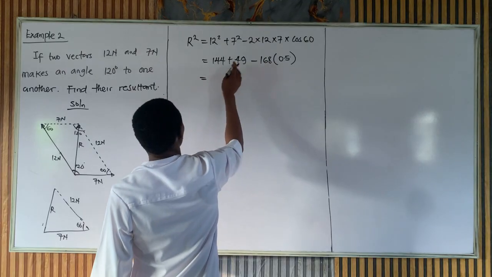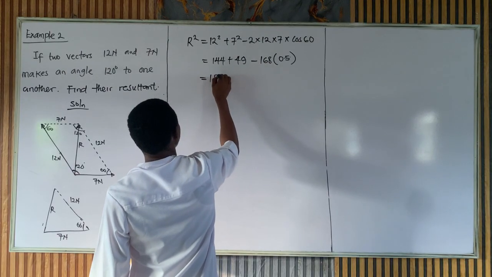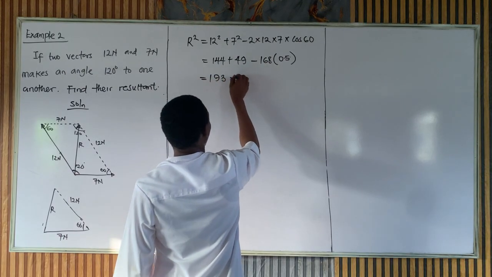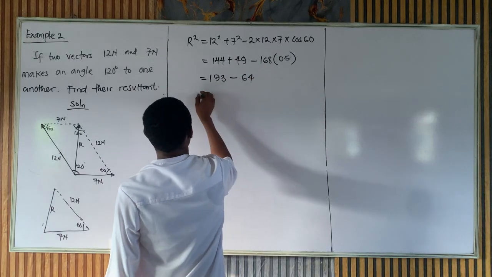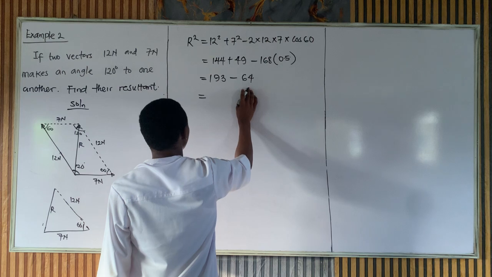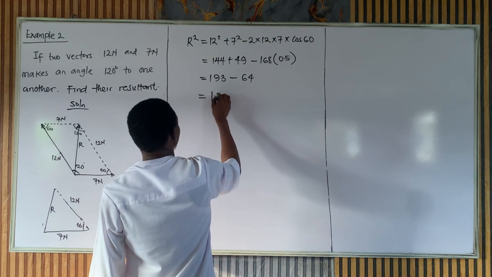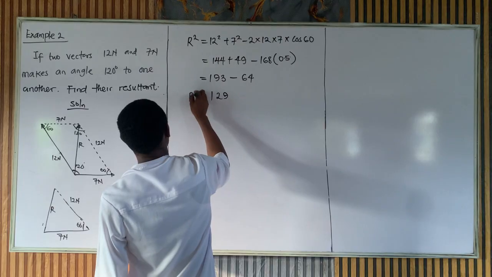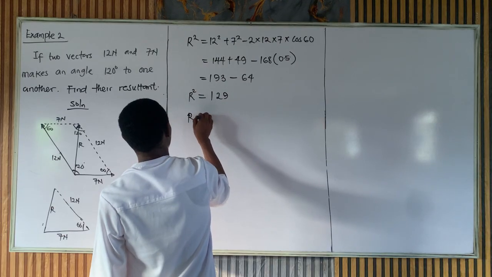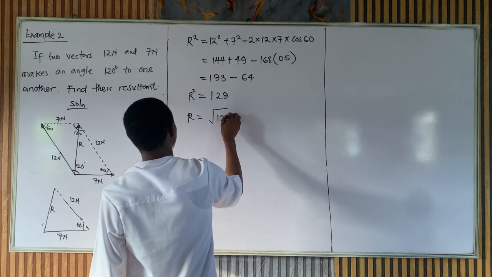So this is going to be 193 minus 64, and that will give us 129. So r squared is 129, and r is the square root of 129.